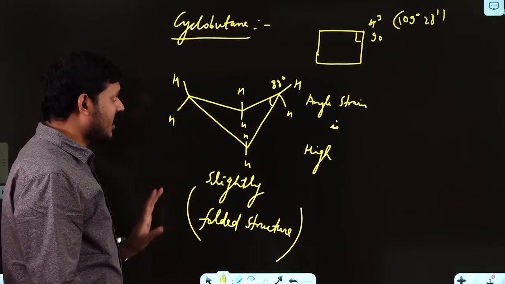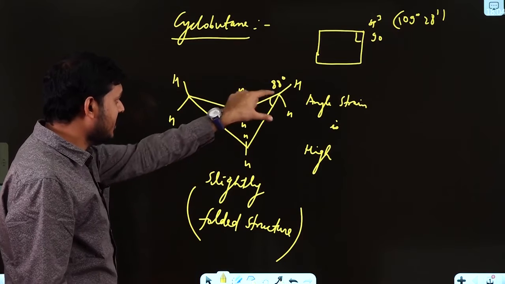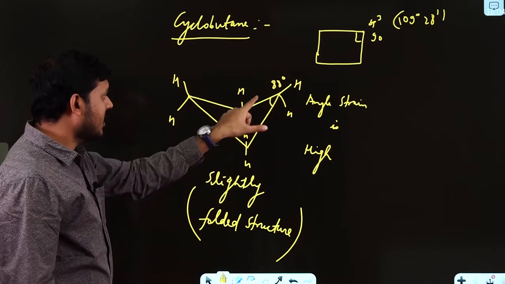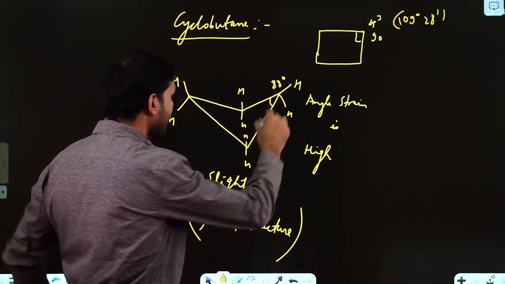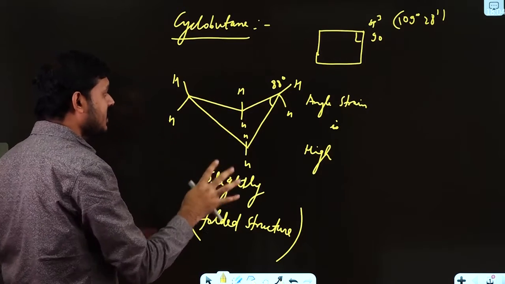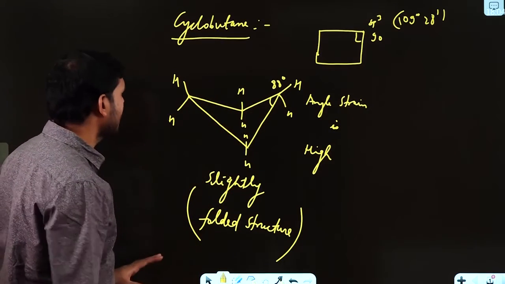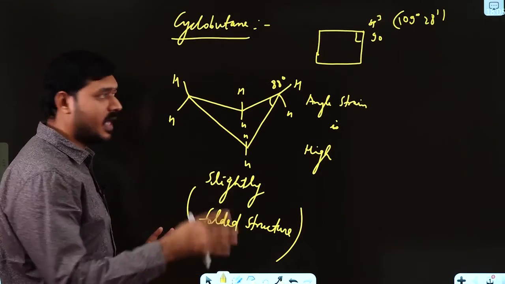Each carbon is sp3, so it should be almost tetrahedral type. This is folded, V-shaped and V-shaped. Now this interior angle 88 degree, slightly folded. Now here torsional strain as well as van der Waals strain is present in sufficient amount. Okay, so the structure is not very stable as compared to cyclohexane.